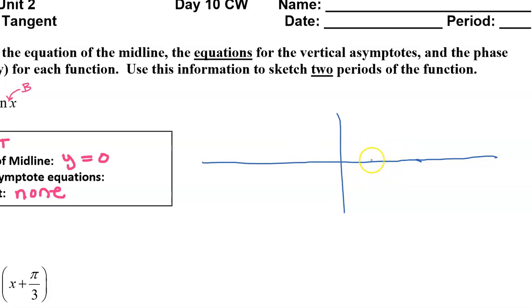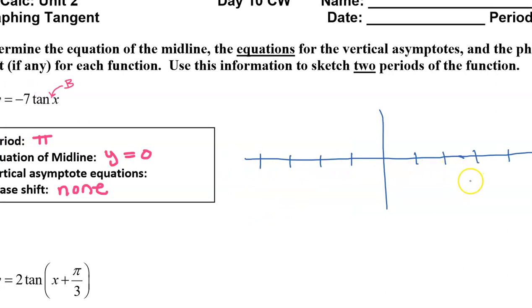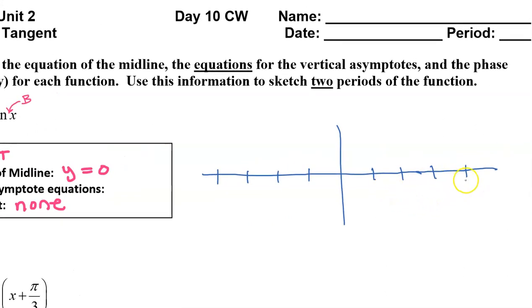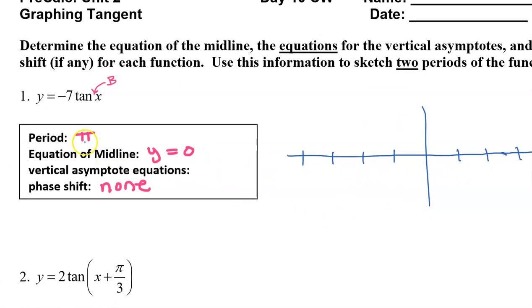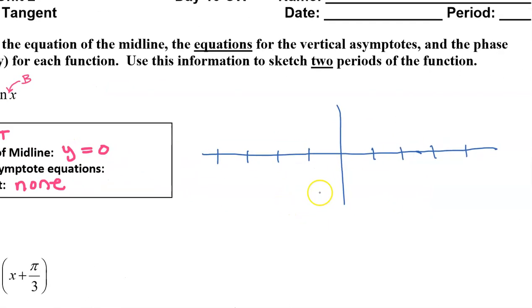So I'm going to put 4 marks to the right, 1, 2, 3, 4, and I will put 4 marks to the left. Each one of these marks represents a quarter of the period. So since the period is pi, that means a quarter period will be pi over 4.